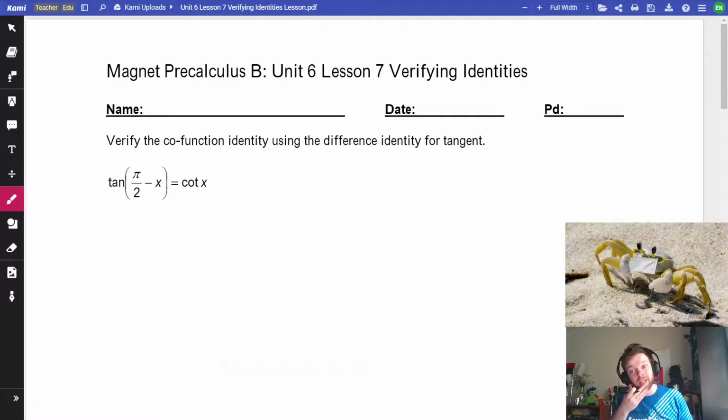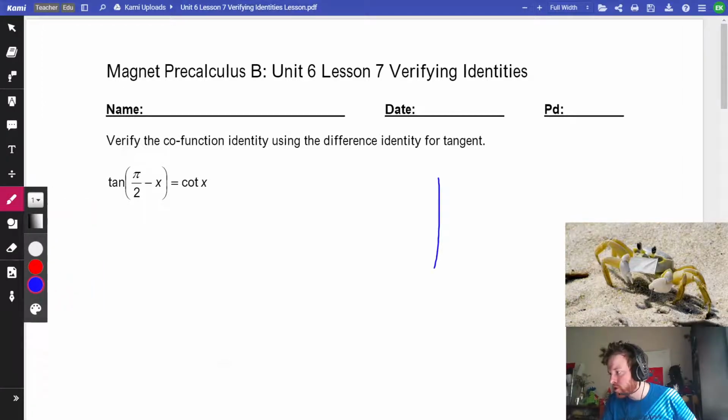Now that's kind of ironic because one of the identities that we have learned is the one on the screen. But I want to prove this using something that we have since learned. Because the way we proved this a long time ago was we just drew a little picture, right? And we drew theta. Pi over 2 is 90 degrees, so pi over 2 minus theta.